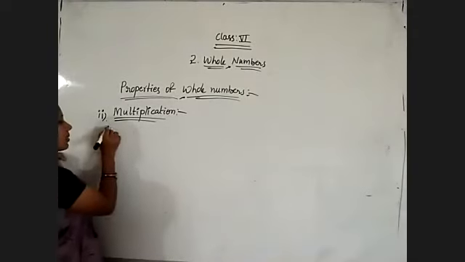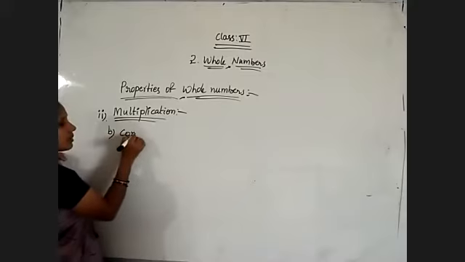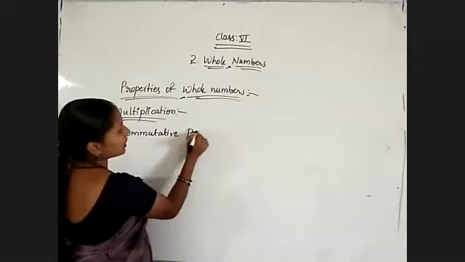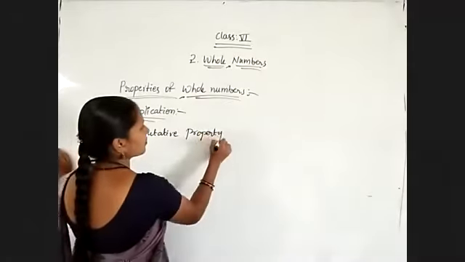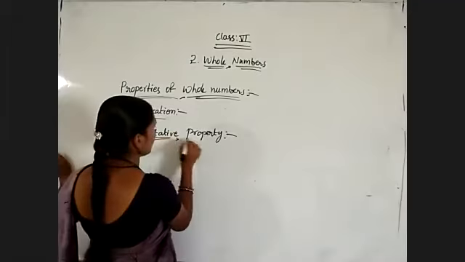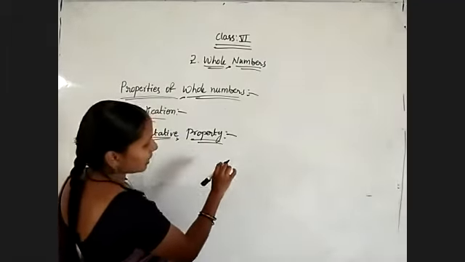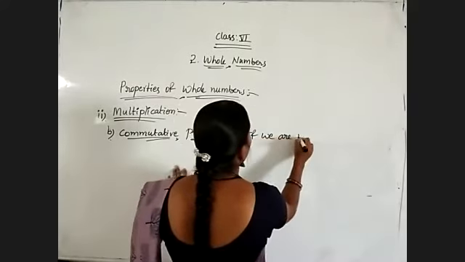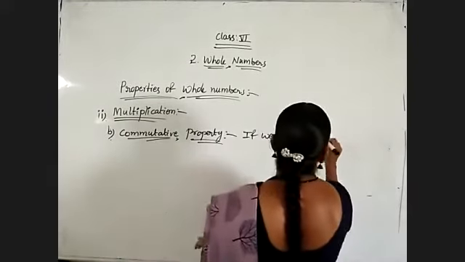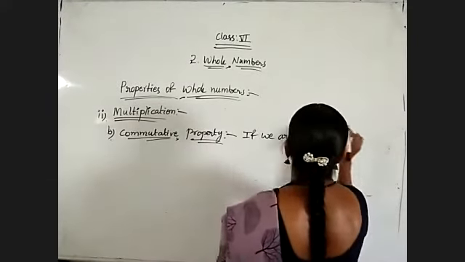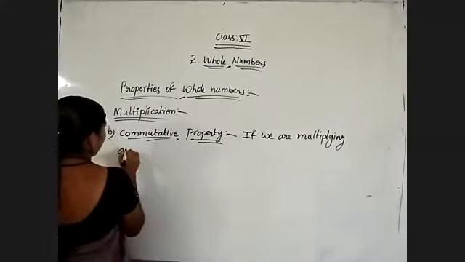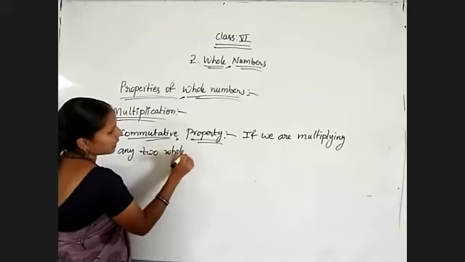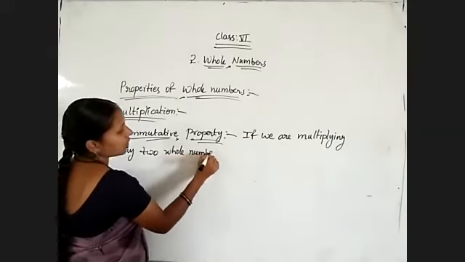So what is our second property? Commutative property. So the commutative property states that if we are multiplying any two whole numbers, because here we are talking about whole numbers.